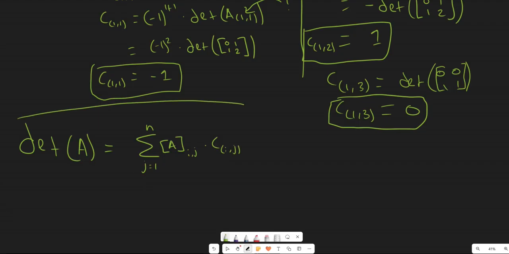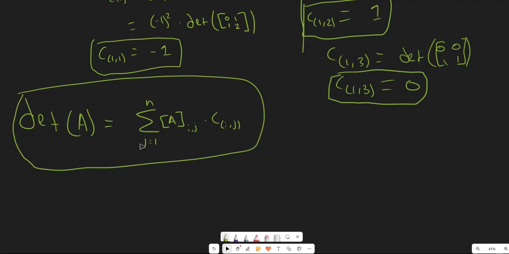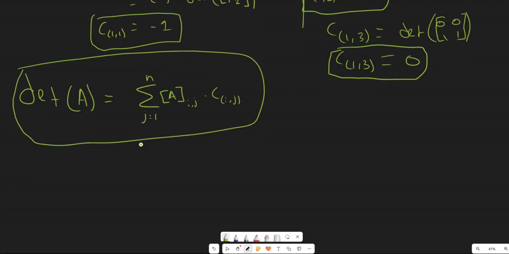And that's how you calculate the determinant. Now, it seems like an intimidating formula, but I'll show you how we can break it down. Similarly, if you prefer the other way, where you hold the jth column constant and switch to the ith row, then you can just swap that over and sum over that.